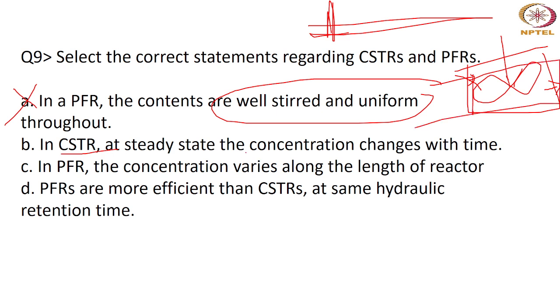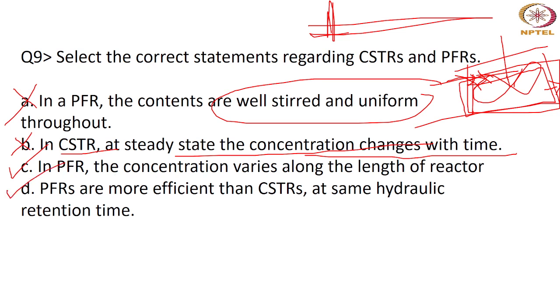So the concentration is the same in CSTR. There is no change of concentration with time because after just entering the system it gets mixed and there is always a constant concentration. Then C, this one is incorrect, C and D.